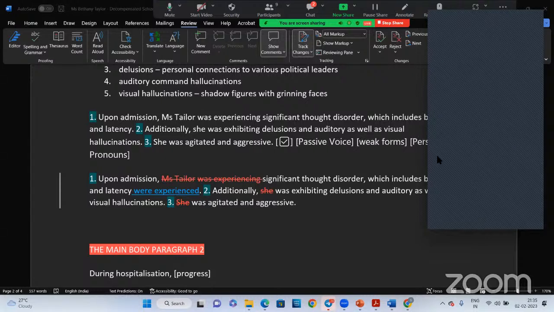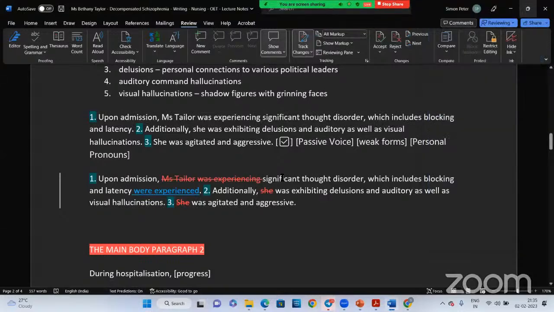Okay, Mira, you are on duty, no problem. Now let us see here. Significant thought disorder is the hero of this particular sentence. So we'll start from this one. Significant thought disorder, which includes blocking and latency, was experienced. It's not "were experienced," it is "was experienced."